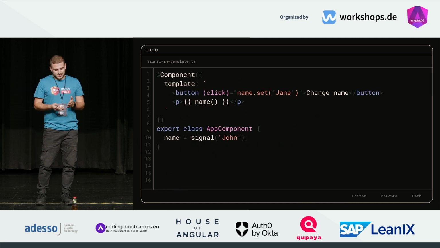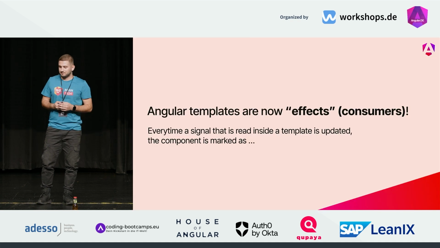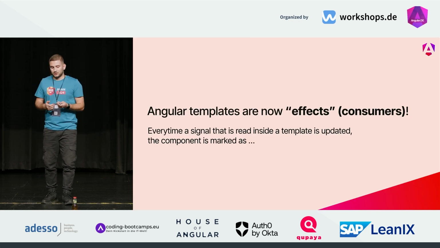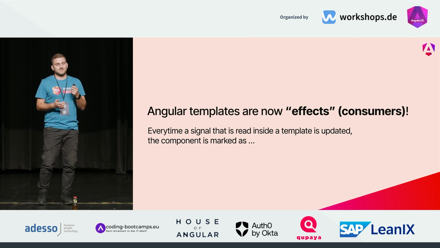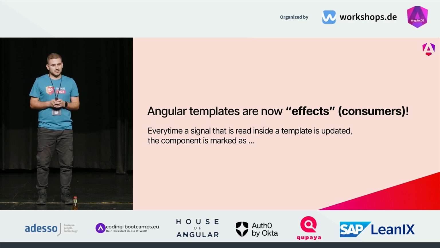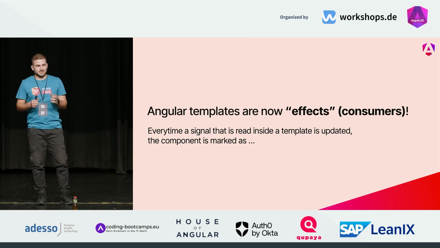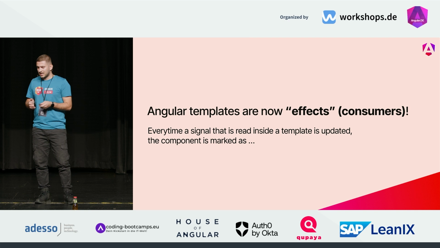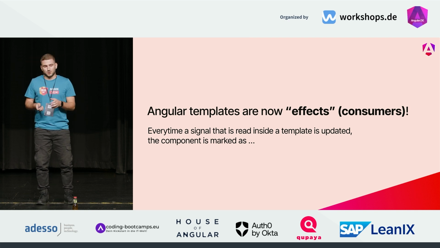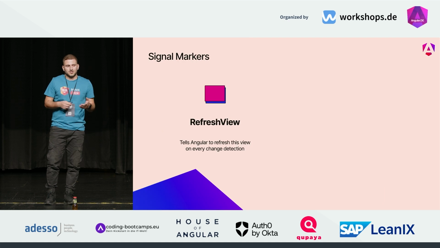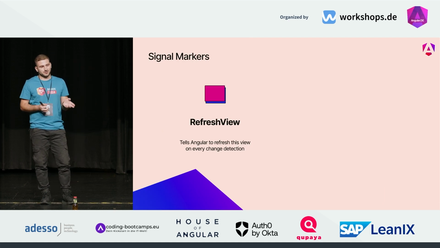So if we now use a signal in a template and we try to update it, what Angular will do is start to treat templates as effects, or as we call it, consumers. Effects are consumers, but I like to call them effects, in quotes. And now every time a signal that is read inside a template is updated, that component will be marked as a refresh view. A refresh view is now what signal change detection brings to the table.